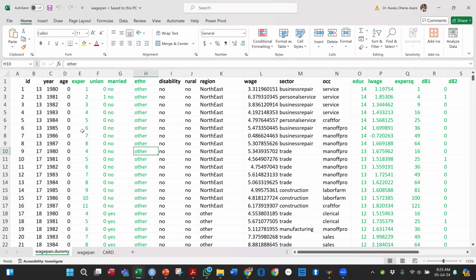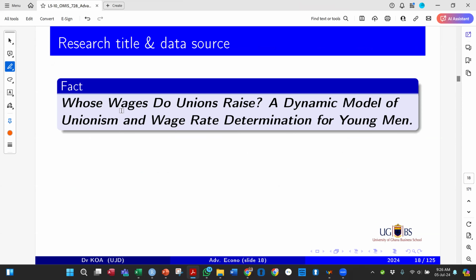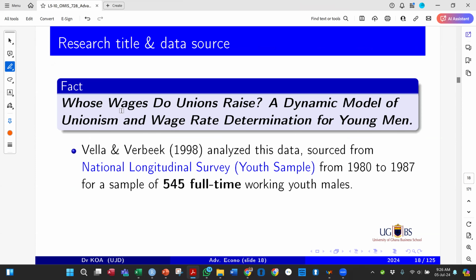And I'll give you a bit of story about the whole data set before we continue. This data set is already a published paper by two very powerful professors, Vella and Verbeek, in 1998. They published this paper, and this is like you writing your paper or your thesis.